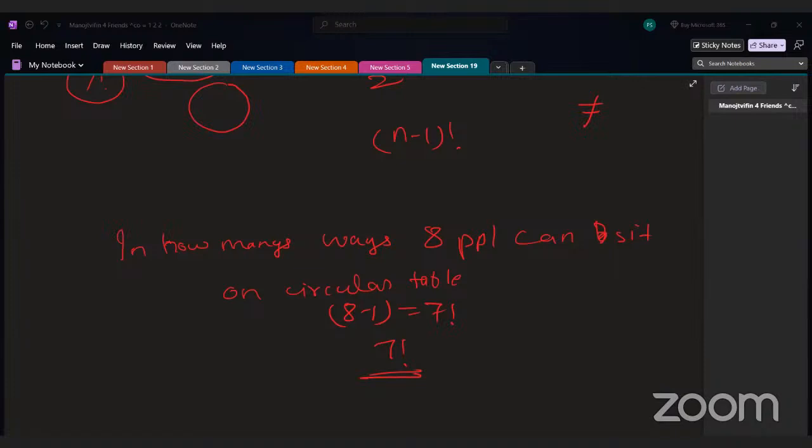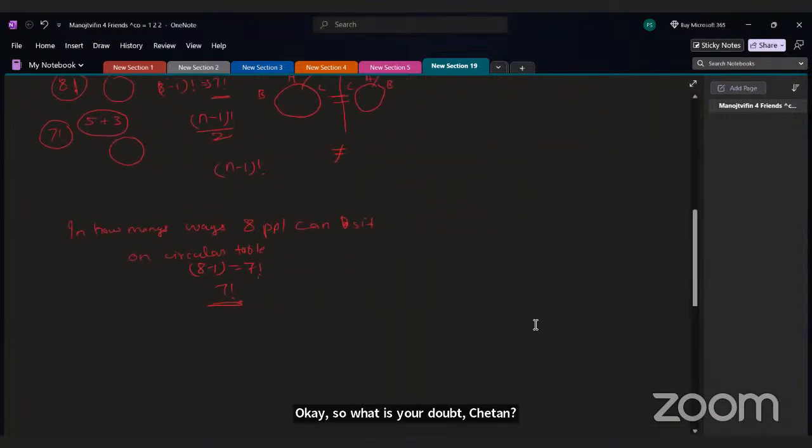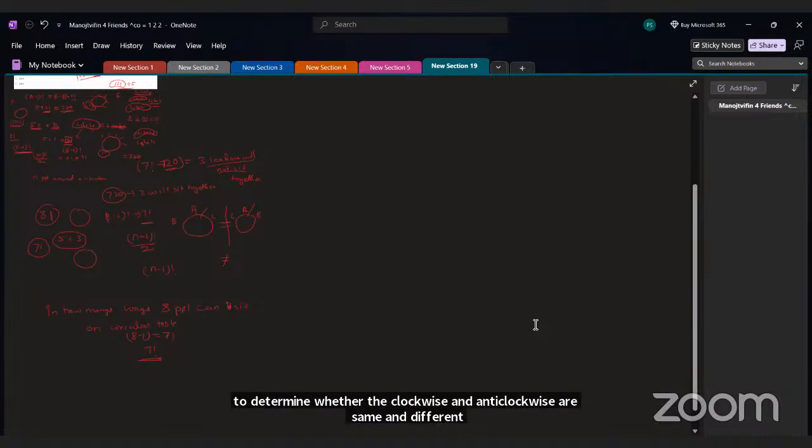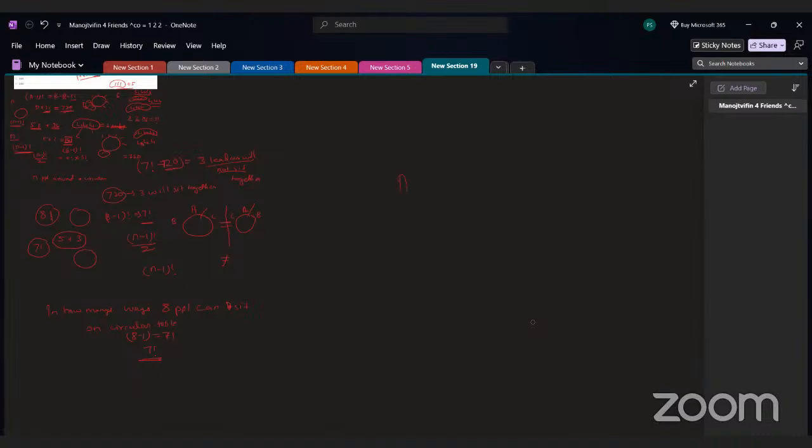Okay, so what is your doubt, Chetan? How to determine whether clockwise and anti-clockwise are the same or different? You have to derive that from the context of the question. Like I solved one such question where it was given that B and C should just sit next to A. It doesn't matter in which order.